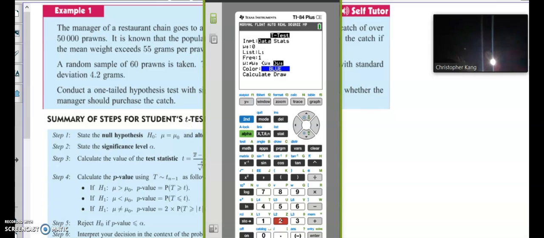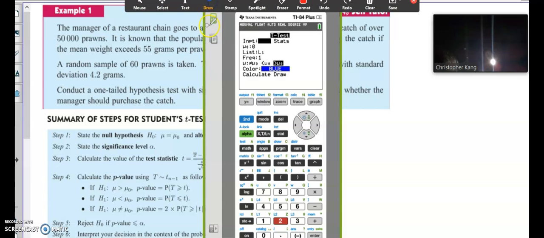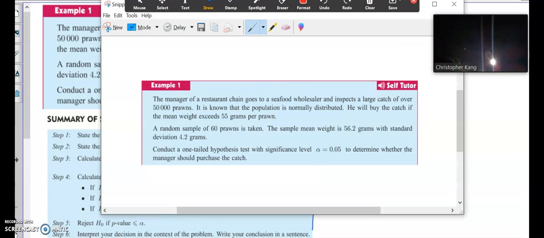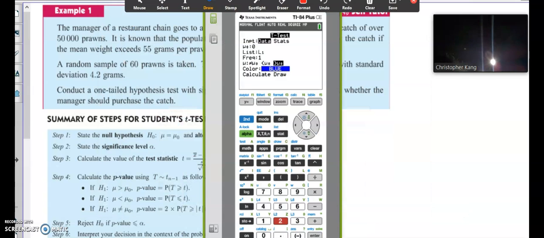Okay, now that first option that you see there is sometimes you'll have to perform a t-test by entering in data into the calculator, right? Well, in this case, we did not enter data. We were given the statistics.